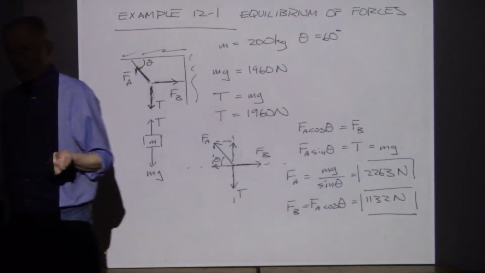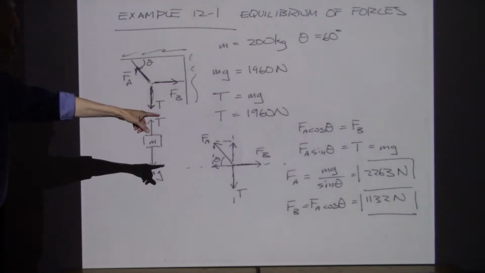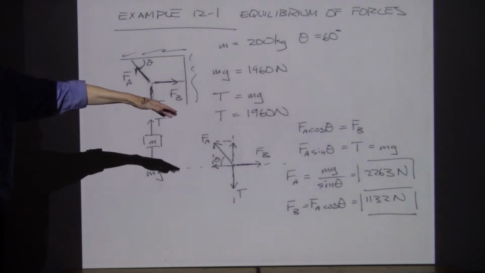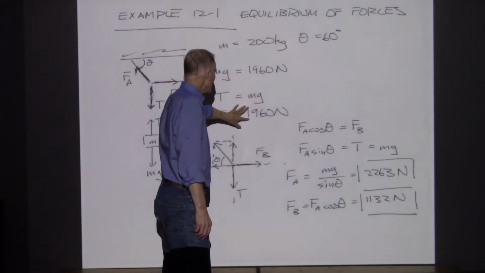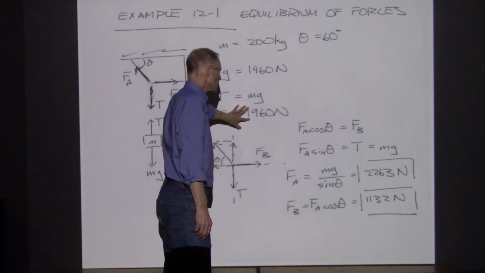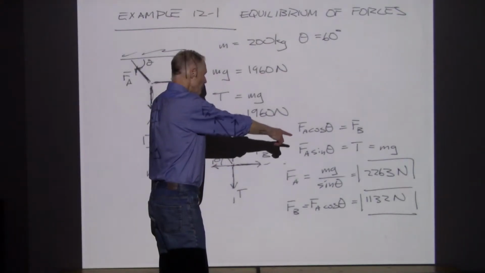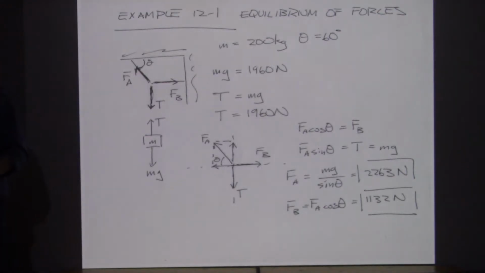So by supporting this object with these two different cords, FA has significantly more tension than T did. So FA is even bigger, and FB is no slouch, right? FB has a fair amount of tension in it too.